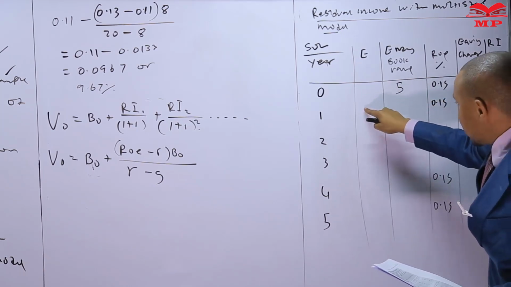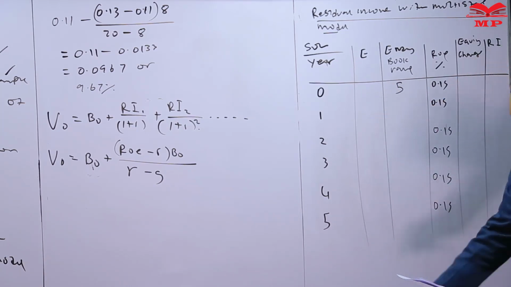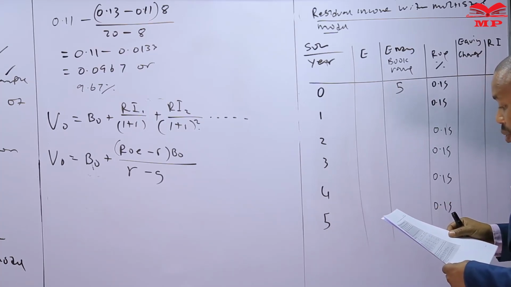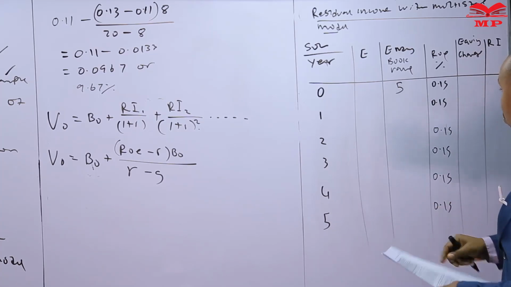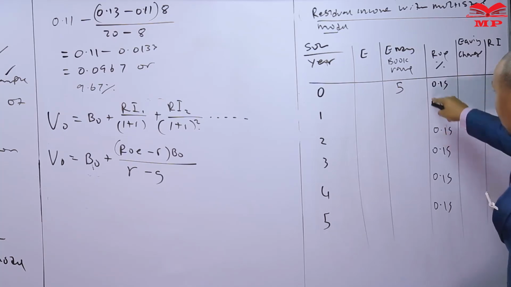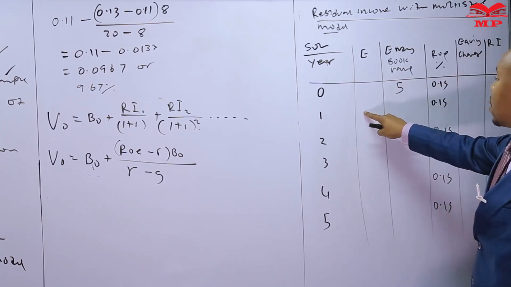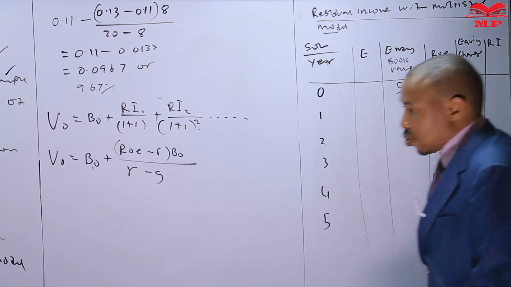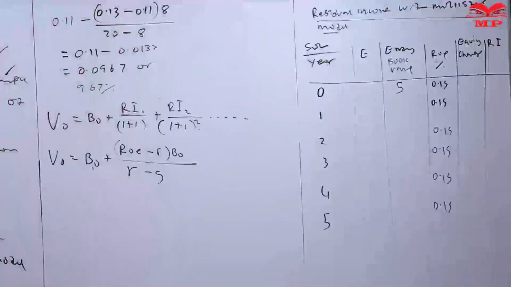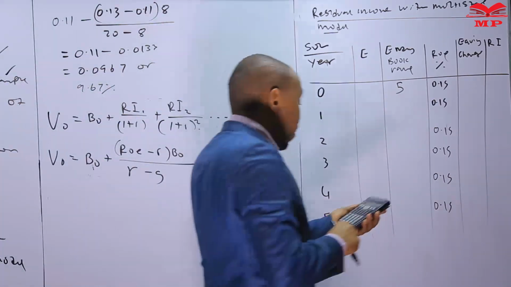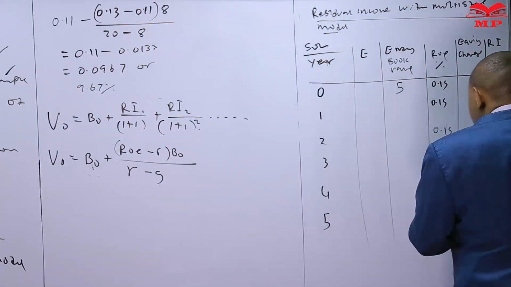Let me repeat that again. We are being told that the forecasted earnings in years 1 through to 5 are equal to the ROE multiplied by the book value. So can we do that moving ahead? We have 0.15 multiplied by 5. How much? 0.75.